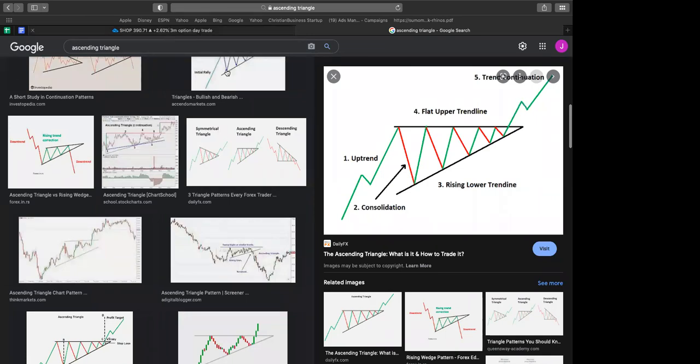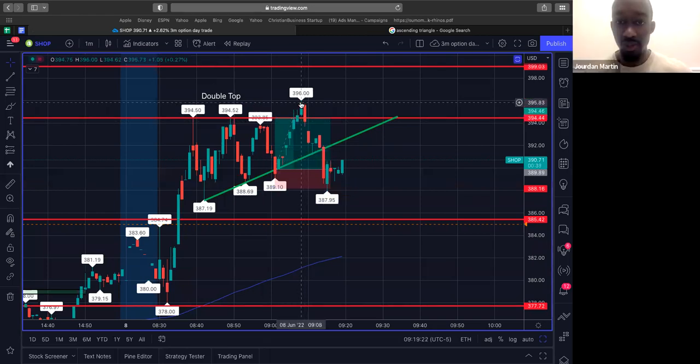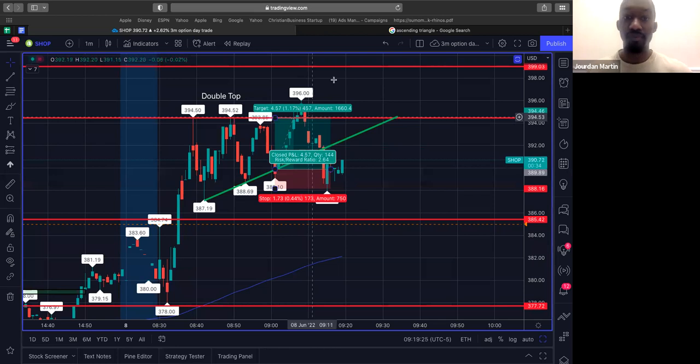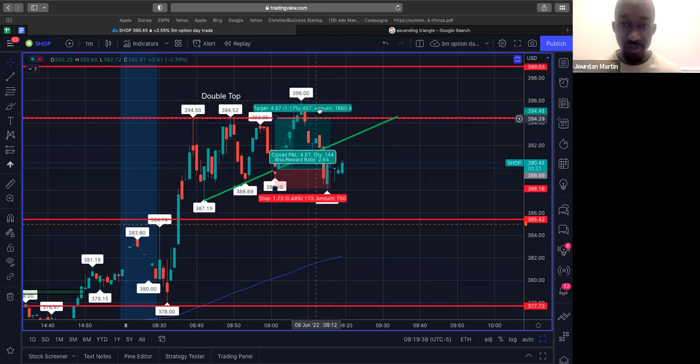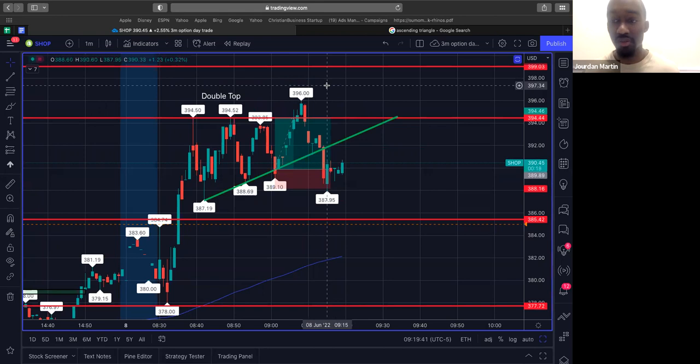So what I would have rather seen was it break out, retest, which is what it did, and then bounce off, right? After it retested, if it retook that 396 level, then I would have gone ahead and called out calls, because we have the ascending triangle breakout, then the retest, and then the continuation, which confirmed that move, right?